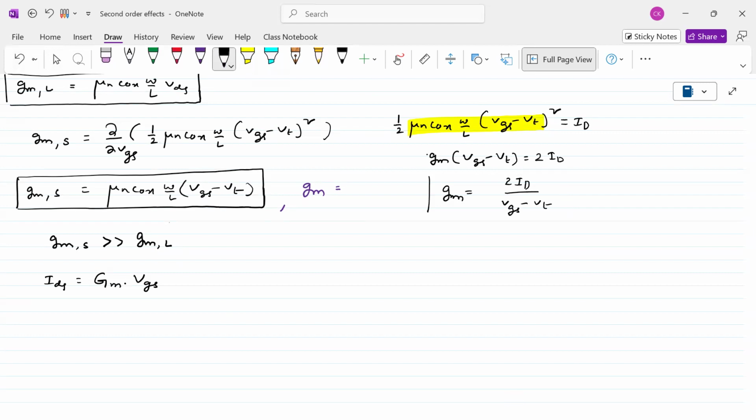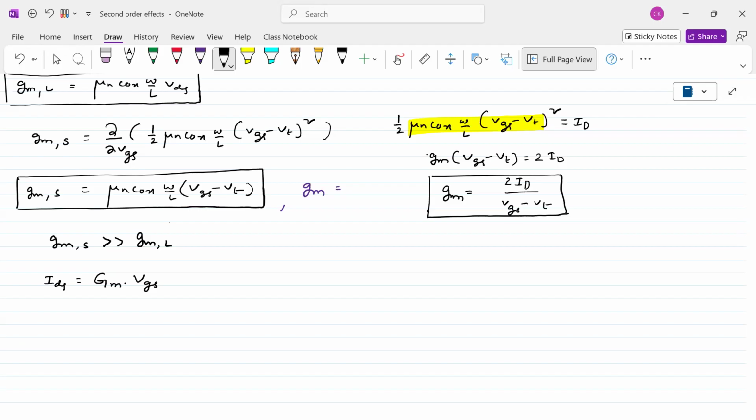In the examination, depending upon what parameter values they have given, you have to choose one gm formula. If they have given the ID value and the VGS value, just use this formula. If they have given the W by L ratio and VGS, then you have to choose the other formula.